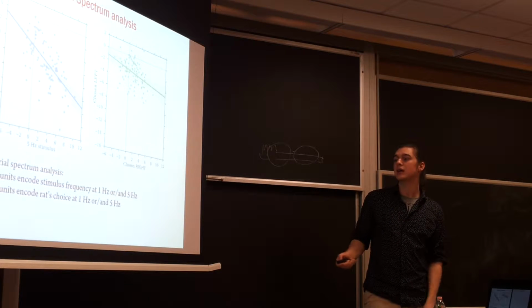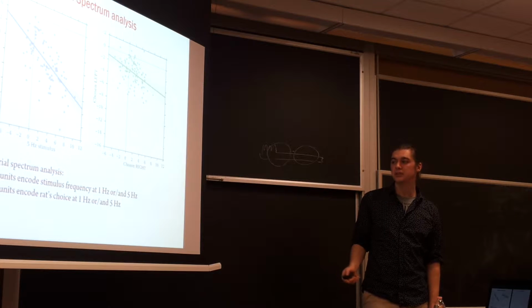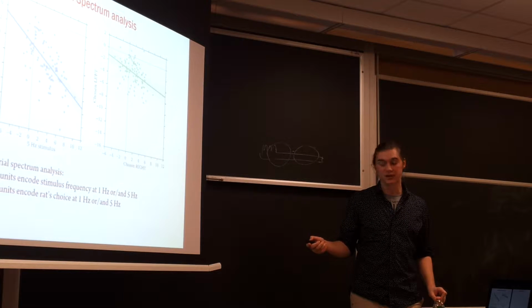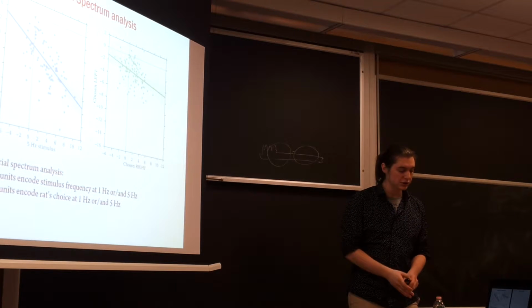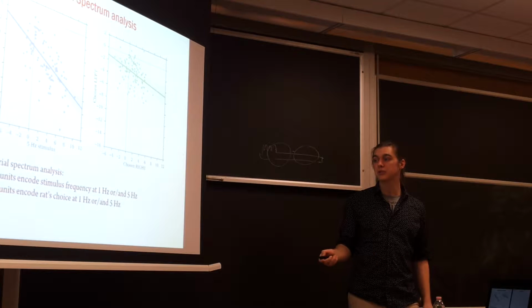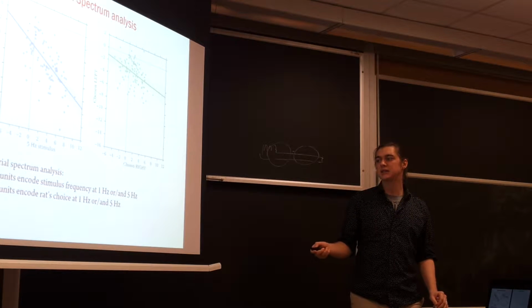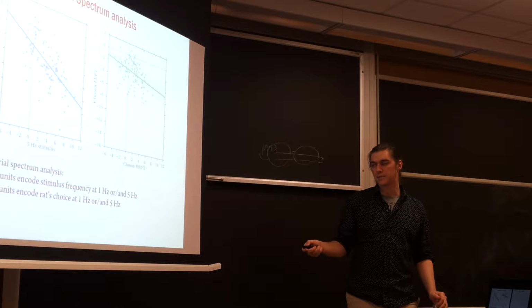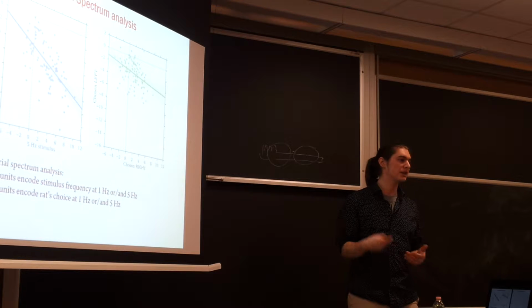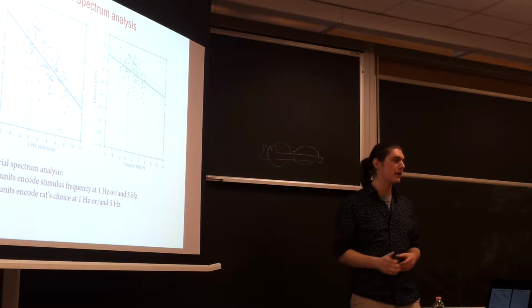And it turns out that more than half of the units actually encode stimulus frequency at 5 Hz or at 1 Hz power. And some of the units, 30%, encode the rat's choice. Now this is a little difficult to discuss, because stimulus frequency and the rat's choice are actually correlated.